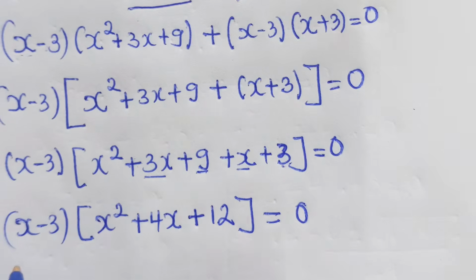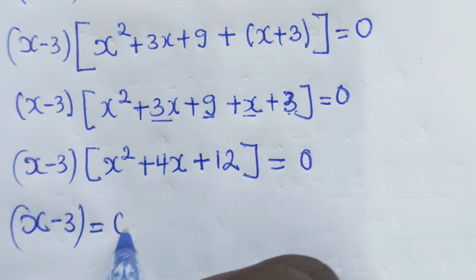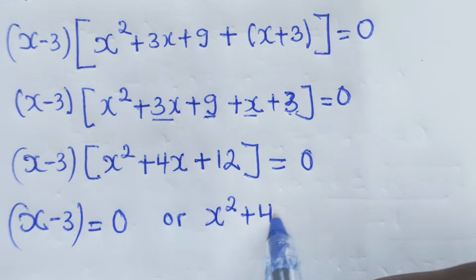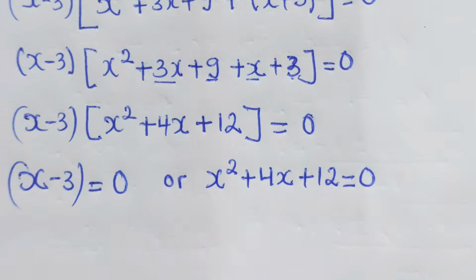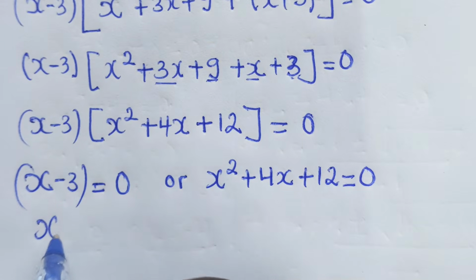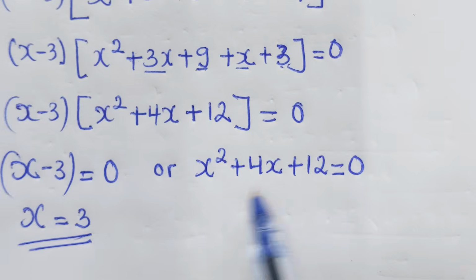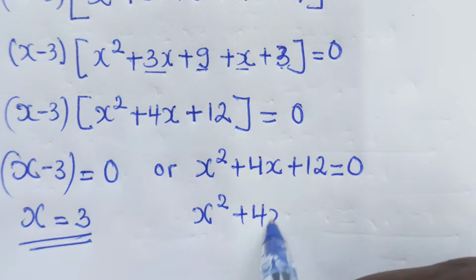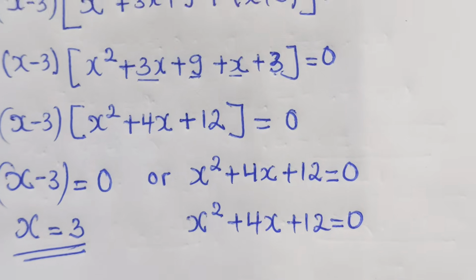Now at this stage we say x - 3 = 0, or x^2 + 4x + 12 = 0, and here x = 3. Then x^2 + 4x + 12 = 0 is a quadratic equation.